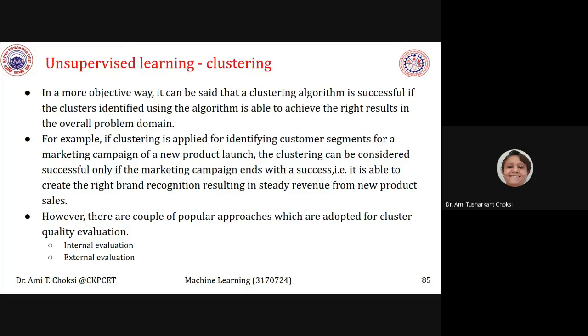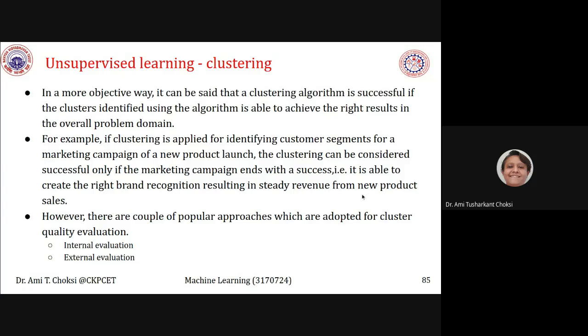If we are doing the campaigning and we are not getting the success, it is useless, isn't it? So what do we mean to say? That it is able to create right brand recognition resulting in steady revenue from new sales, right?